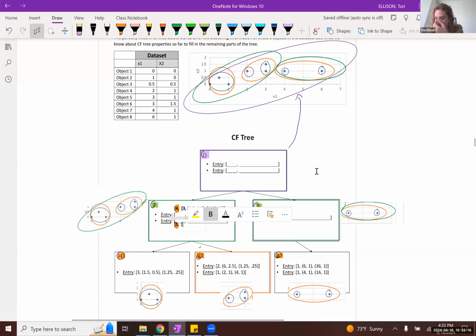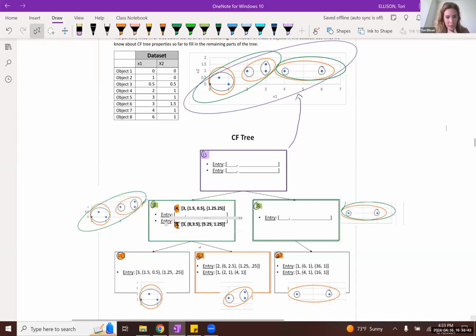So by adding those two CF entries, we get now a cluster with 3 observations. And if we add the linear sums together, we get 8 and 3.5. And if we add the square sums together, we get 5.25 and 1.25.